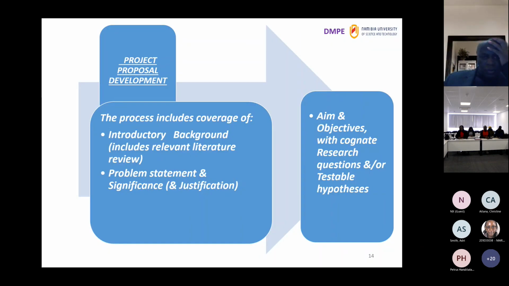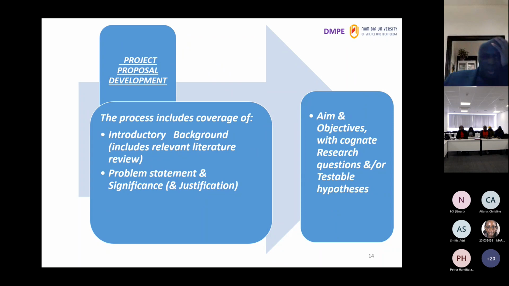And then you go to your supervisor and you discuss what you need to do for the research, given that kind of topic. The next proposal development process includes covering the introductory background, which largely involves relevant literature review.